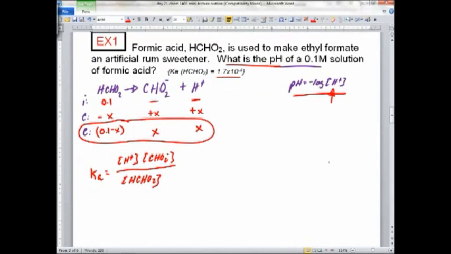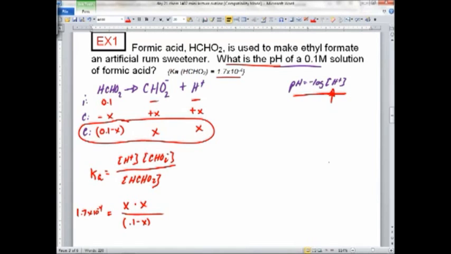Ray, got to plug some stuff in there. Yeah, plug in. Keep going. Yeah. And the whole thing equals what? 1.7 times 10 to the negative 4, exactly.